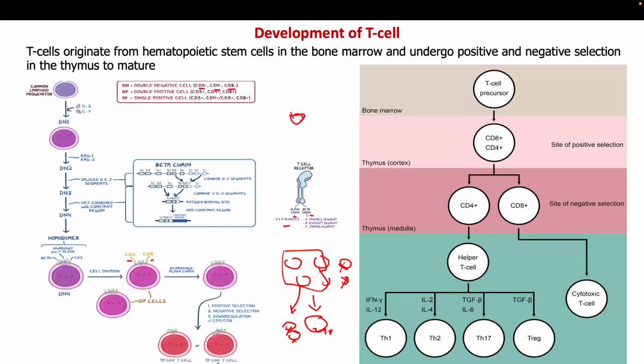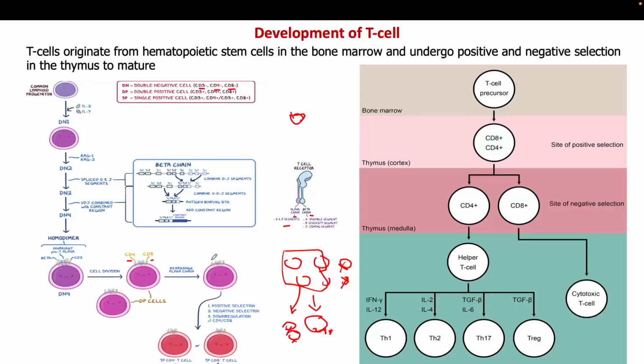After positive and negative selection, it has both types of receptor, CD4 as well as CD8. But like in the case of B cells, where some of the B cells divide into plasma cells and some divide into memory cells, here also some of the T cells will become specific CD4 T cells, and some will become specific CD8 T cells, by down regulating the other T cell receptor.